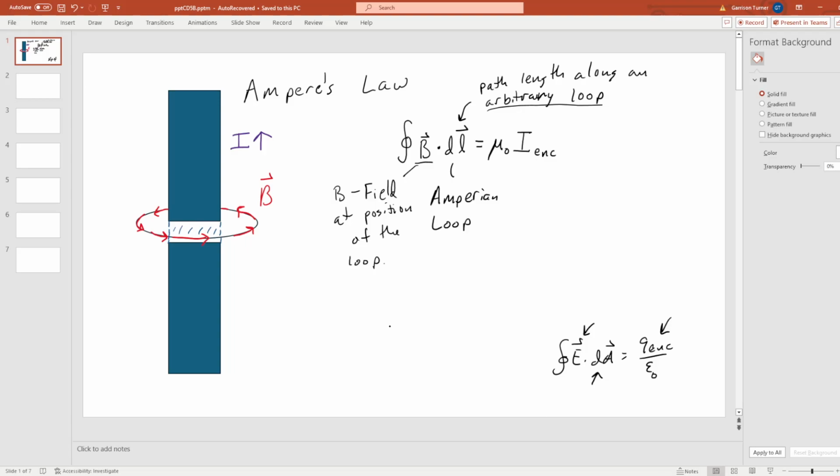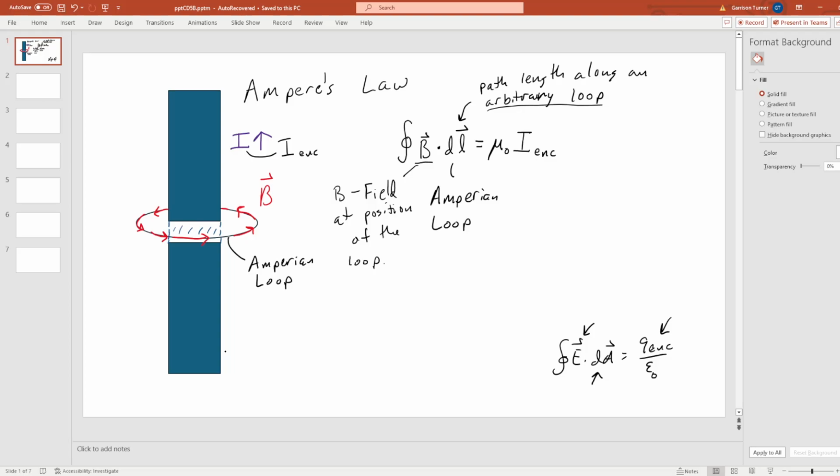If I consider this wire with current flowing upward, then this circle represents my Amperian loop, and I've enclosed current I. The current has to go through the loop.